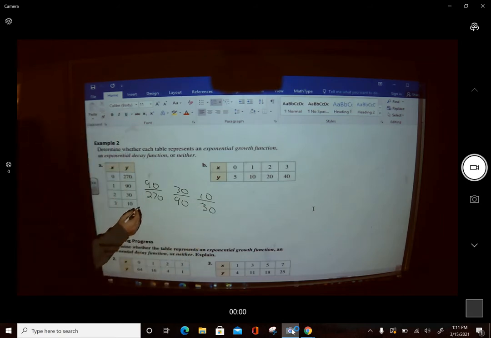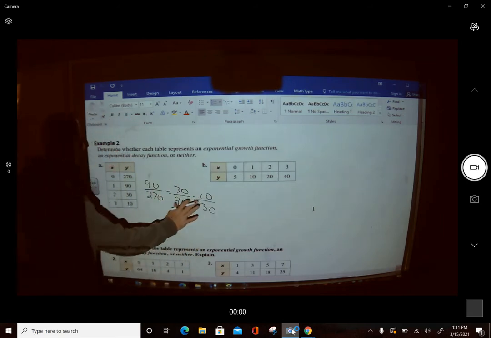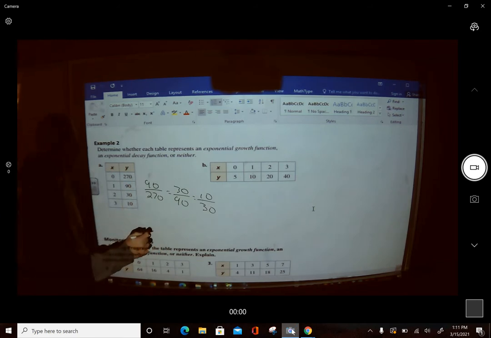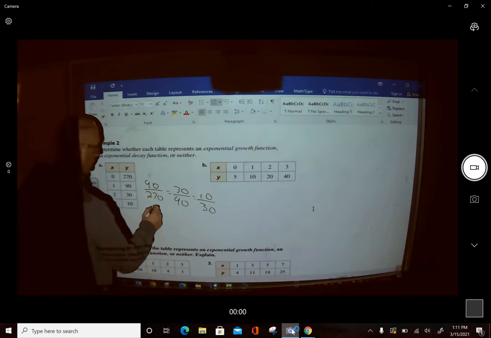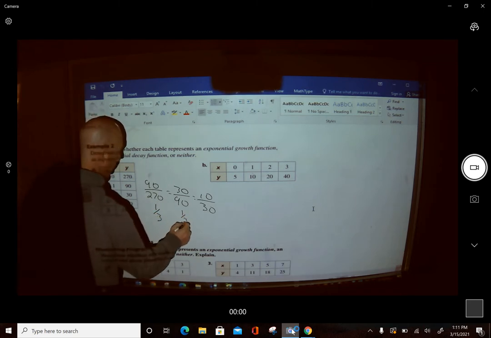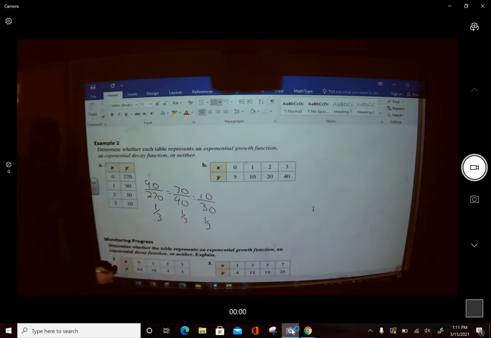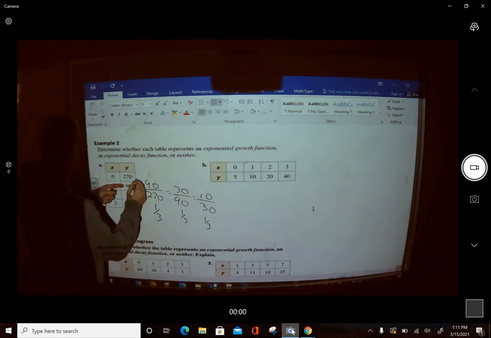And as long as all of these are equivalent, then you would have a constant multiplier. And I have to actually divide to see what that multiplier is. So when I reduce it, they all reduce down to 1/3. What that means is 270 times 1/3 is 90. 90 times 1/3 is 30. 30 times 1/3 is 10.